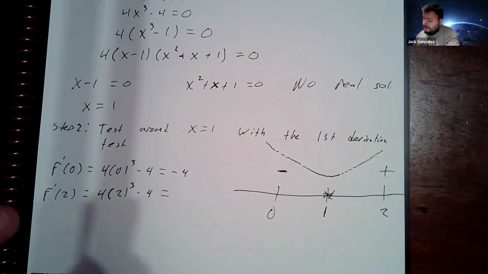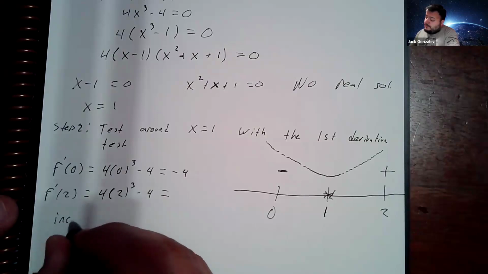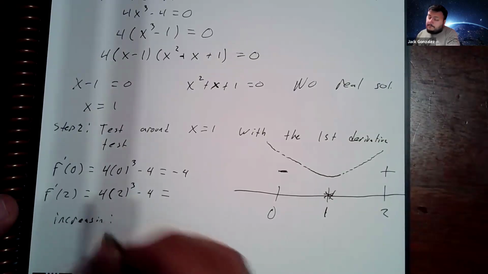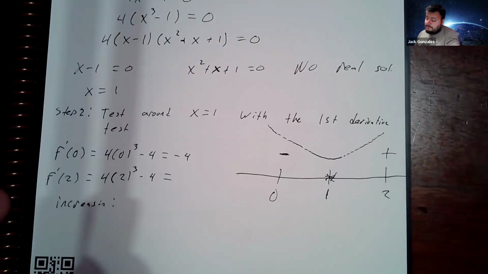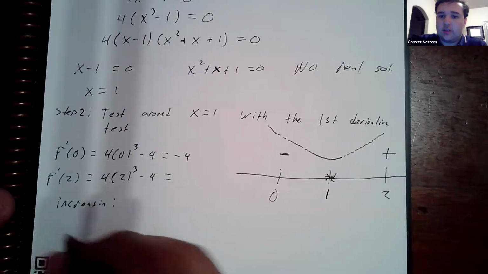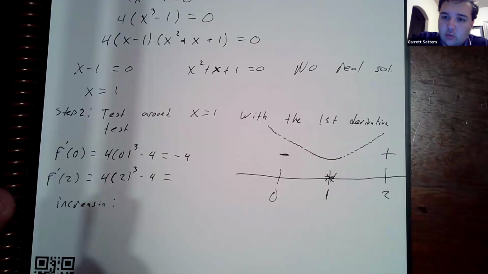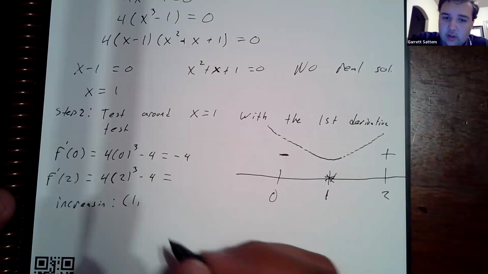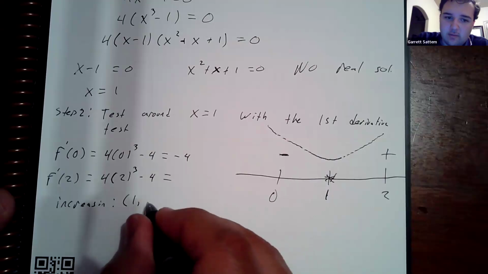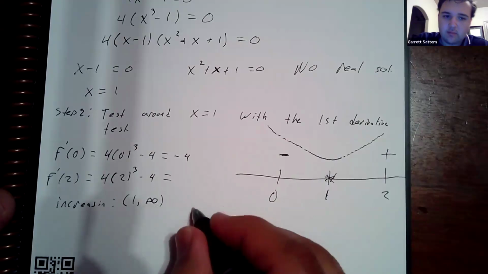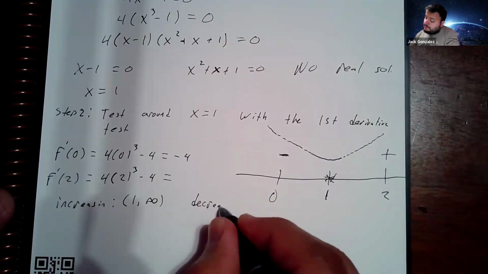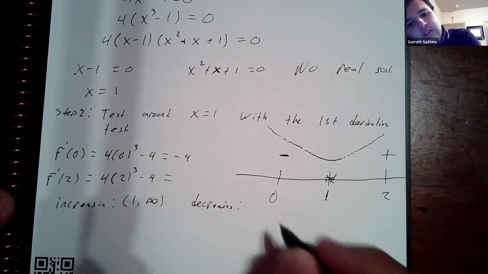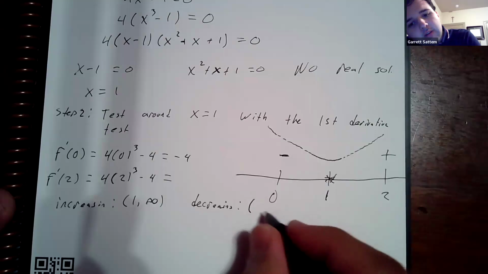So we're increasing where? Increasing at 1 and negative, I mean, infinity. And then decreasing at negative infinity to 1.